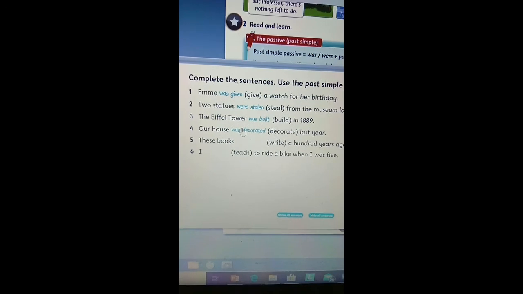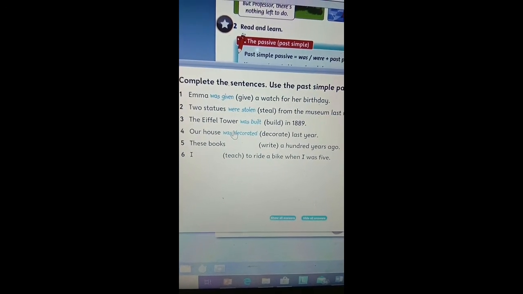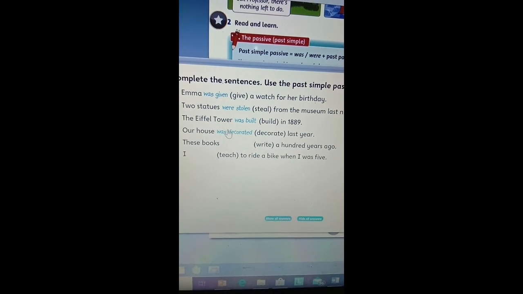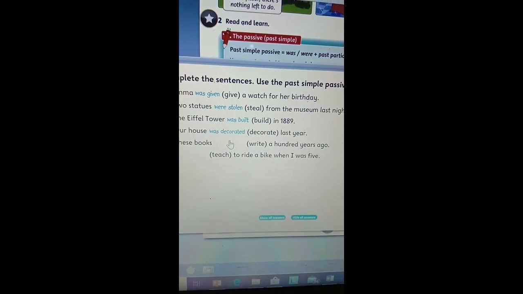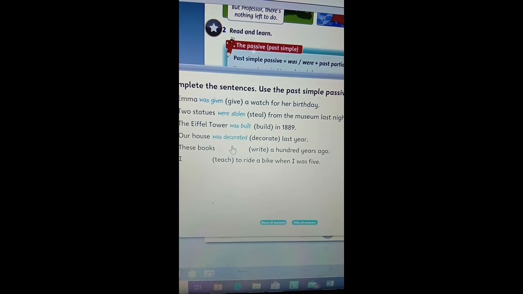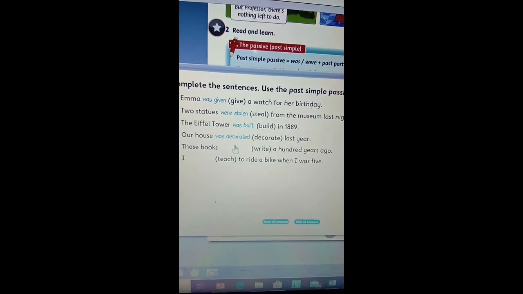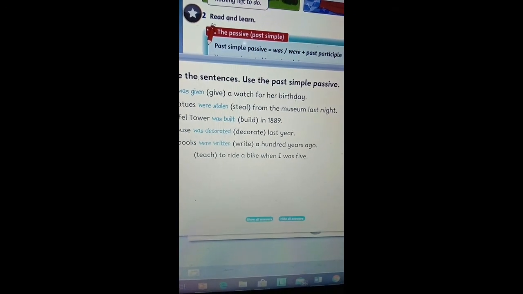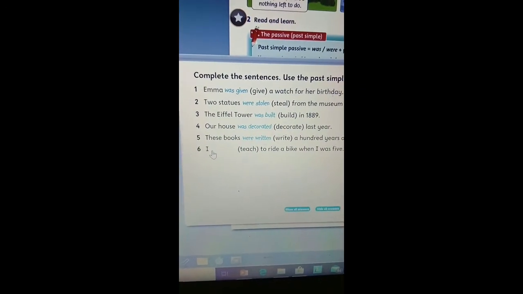And then these books, we got plural, they're books, so were. And then if you just remember what I told you about the Bible, when we were, who wrote the Bible, the verb 3 is written, were written. Don't forget it's double T with the spelling, yeah?